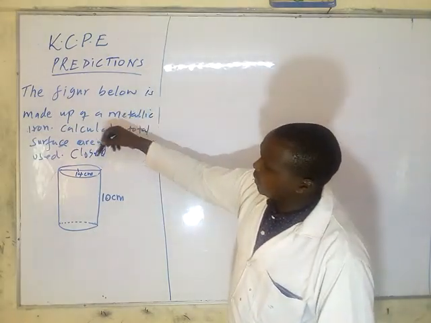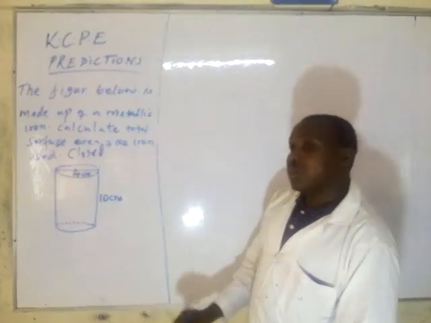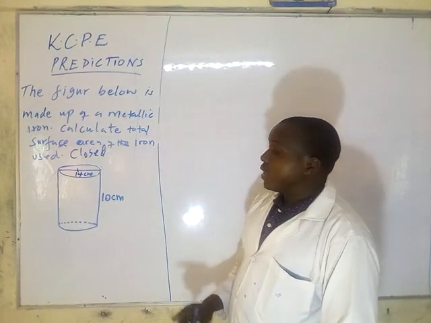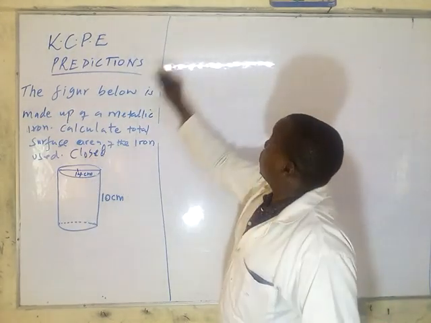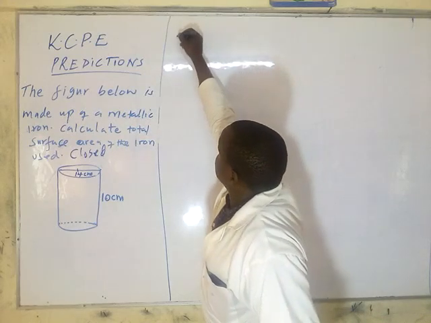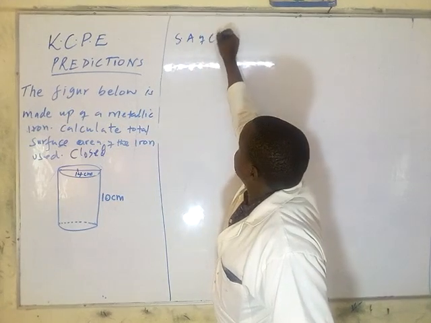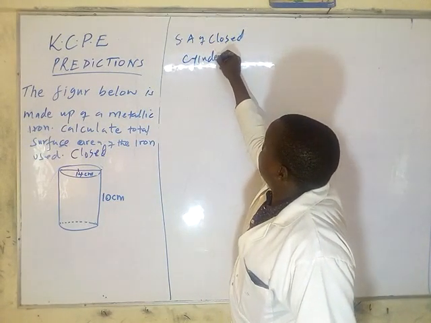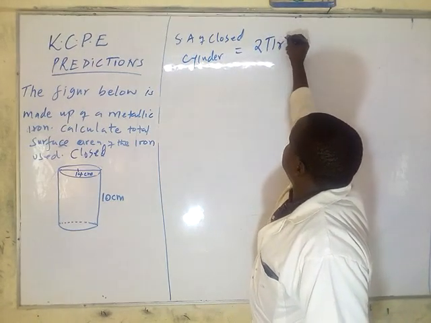If it is closed everywhere, the top circle and the bottom circle are closed. How do you get the area of a circle? It is pi r squared. For the total surface area of the bottom and the top, you should know that the surface area of a closed cylinder is given by 2 pi r squared.